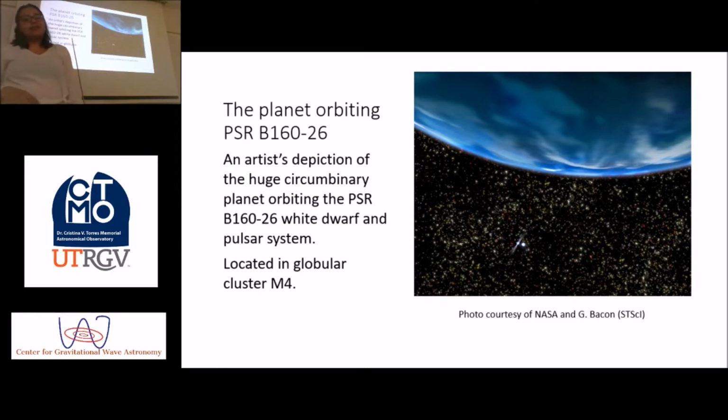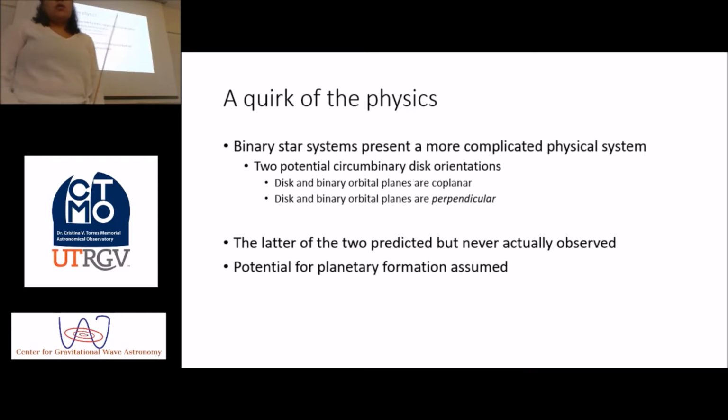And this is located in the globular cluster M4. So I just wanted to provide that image for you all. And so we know that there is a possibility of circumbinary disks forming around binary star systems. And so we ask ourselves, how is the physics any different for binary star systems?